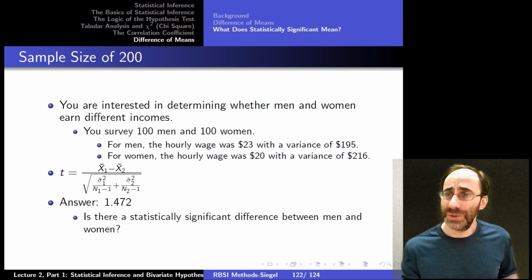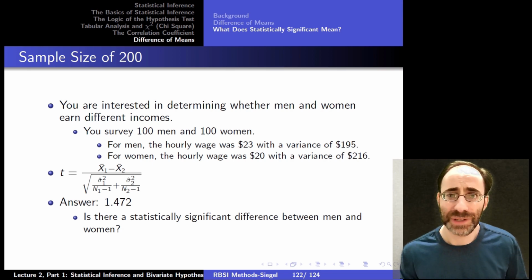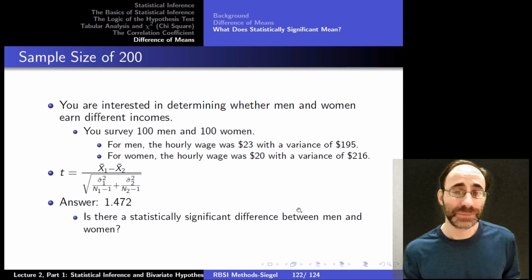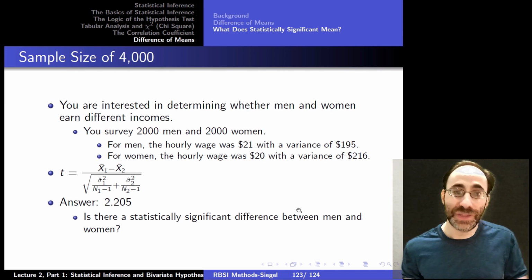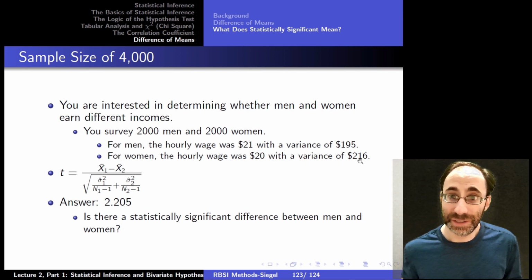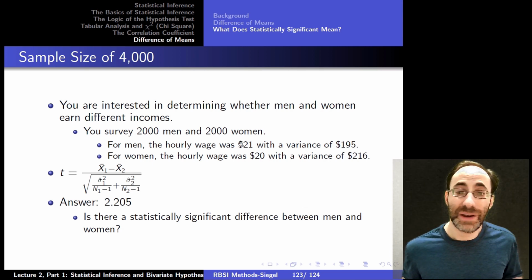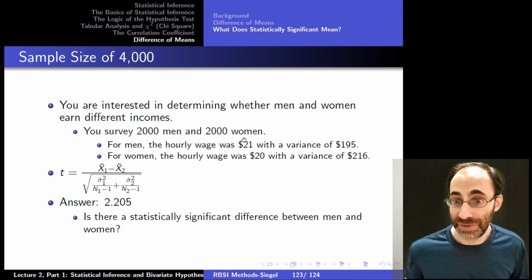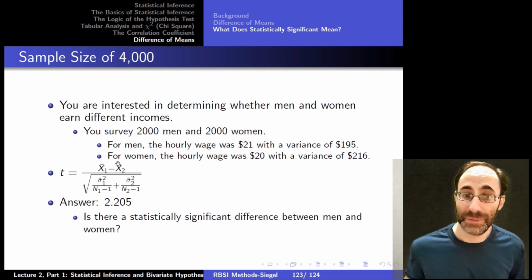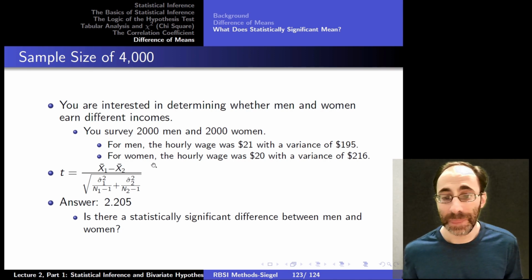But is that because there's no real difference, even though it's a $3 difference? Or is that because maybe the sample isn't big enough to show it, considering the variance in the sample? So let's say we have 4,000 data points now, 2,000 men and 2,000 women. Same variances, but now we have an even lesser hourly wage difference, only a $1 difference between men and women. So the numerator here is just 1, right? 21 minus 20 is just 1.